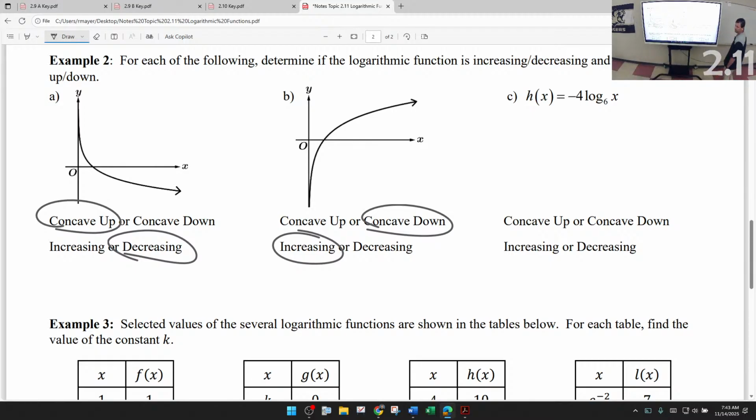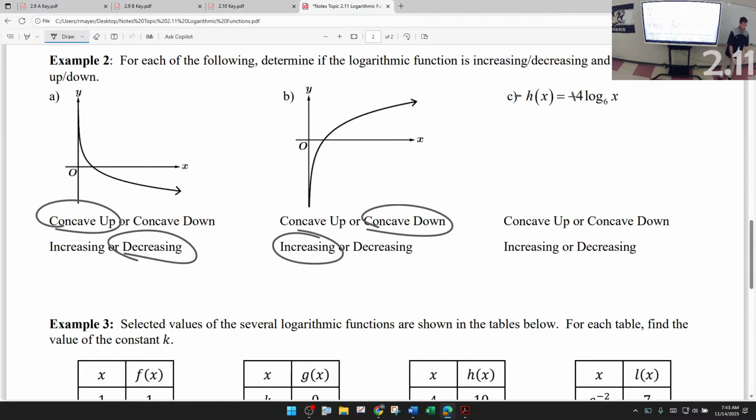This has got a negative, so that flips it. Okay, that flips it over the x. Or, again, if you get confused over this, if I divide both sides by a negative, that would make this a positive, and that would make this a negative. So what were positive y's are now negative y's.